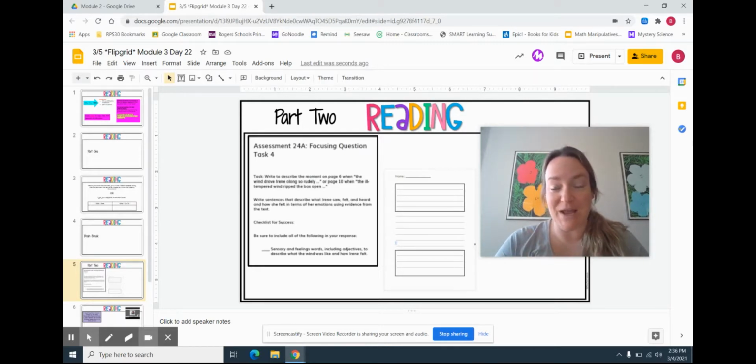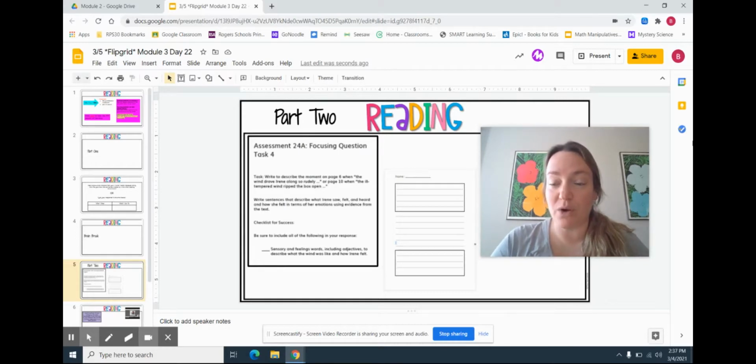So yesterday with Miss Singleton, you talked about starting your assessment 24A, your focusing question task 4. Now, yesterday you were to insert an image of your organizer, where you wrote down sensory words from the scene that you chose.